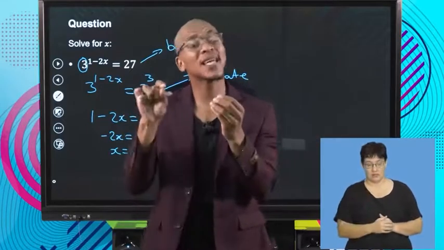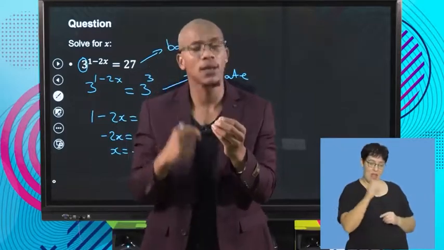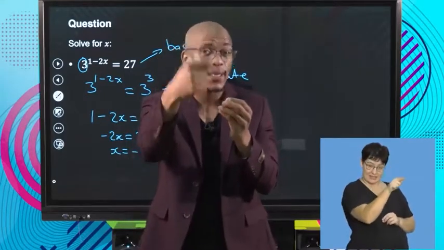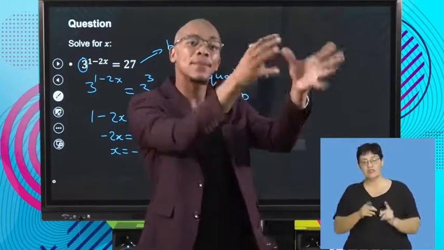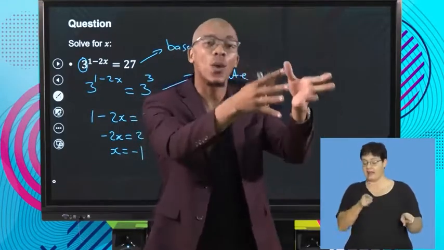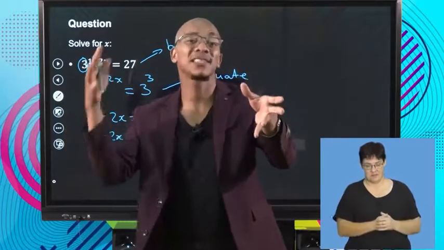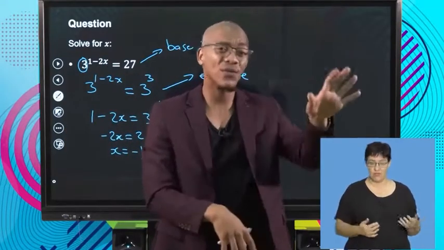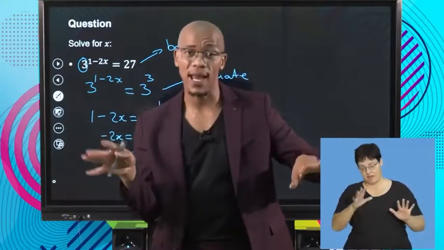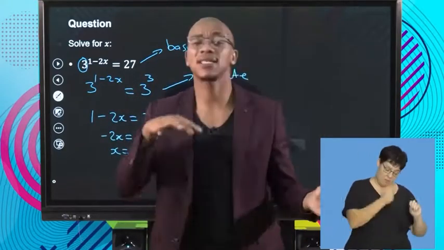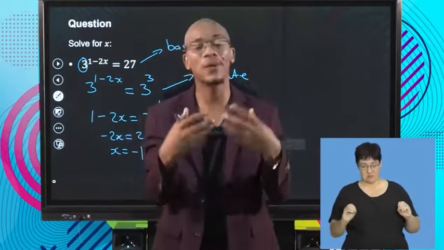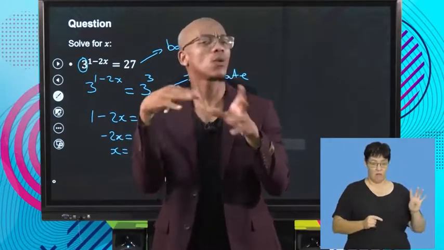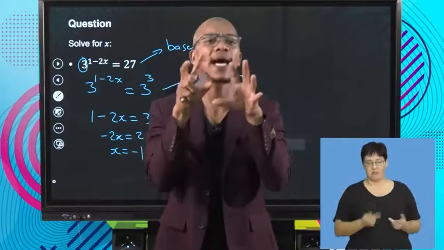So if I substitute what I claim my value of x is into where x is, it must give me something on the left, and what will be on the right must be the same as that something on the left-hand side. So if I get 5 on the left, I must get 5 on the right. If I get 0 on the left, I must get 0 on the right. Then I will know that my answer is correct. If I don't get that, then I can always go back and recheck where I made my mistakes.